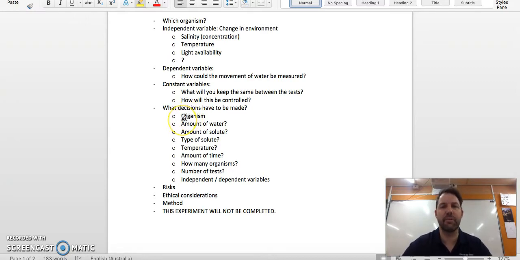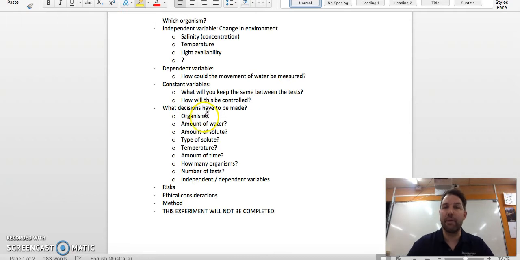So as I said before, which organism, how much water, what's the concentration of solute? Are you changing that, or is it keeping the same throughout the whole experiment? The type of solute, are you using salt, sugar, something else? The temperature, will that be consistent throughout? And which temperature will you choose? Or are you going to change the temperature to have that as your independent variable?